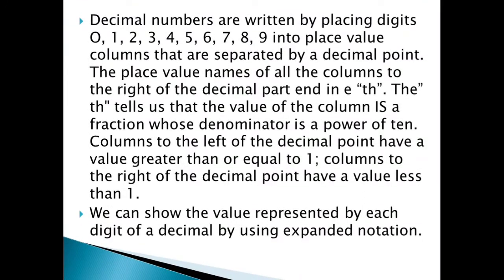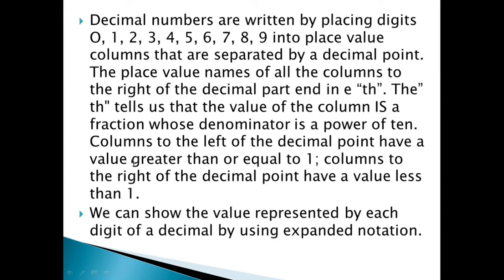Okay, so decimal numbers are written by placing digits, so 0, 1, 2, 3, 4, 5, 6, 7, 8, 9 into place value columns that are separated by a decimal point. The place value names of all the columns to the right of the decimal part end in th. So the th tells us that the value of the column is a fraction whose denominator is a power of 10.